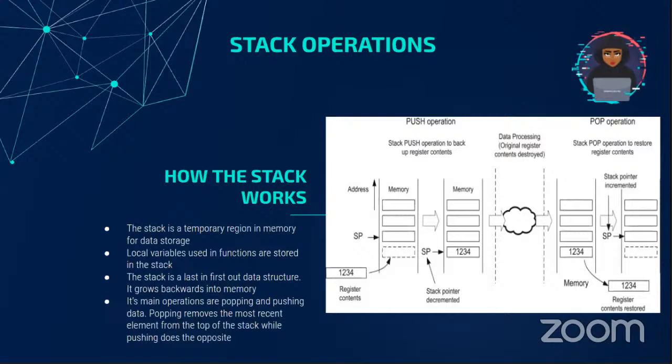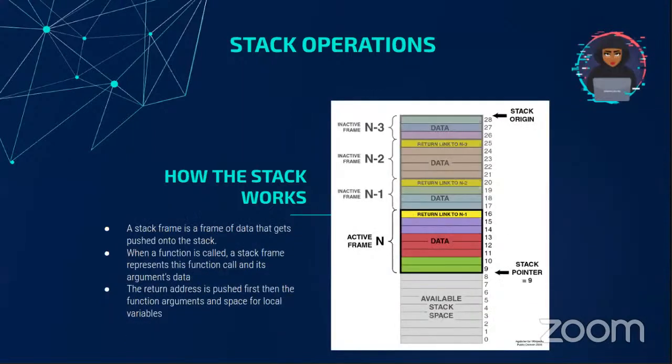When functions are called, like you can see here, the return address usually gets pushed onto the stack first. Look at this first section over here. Return address will get pushed first. Then we push the local variables and then the arguments that this function will be calling.